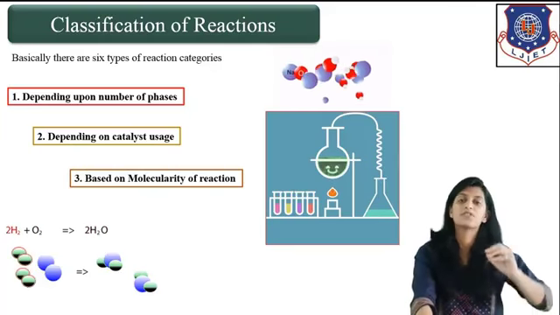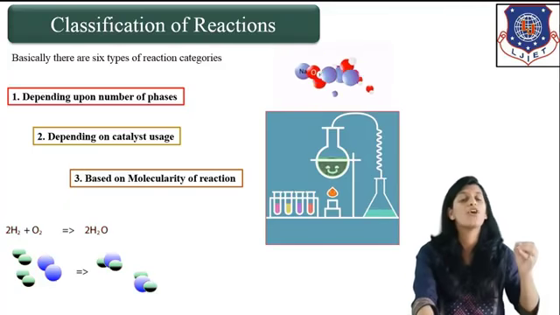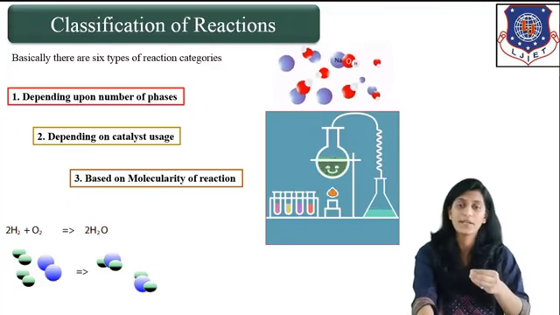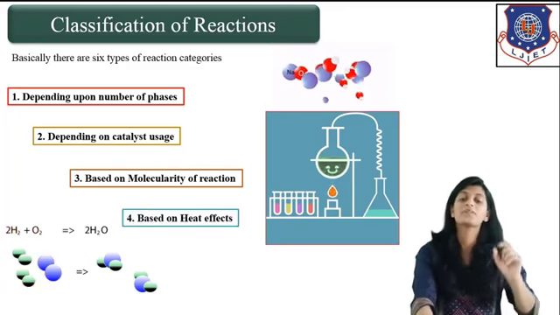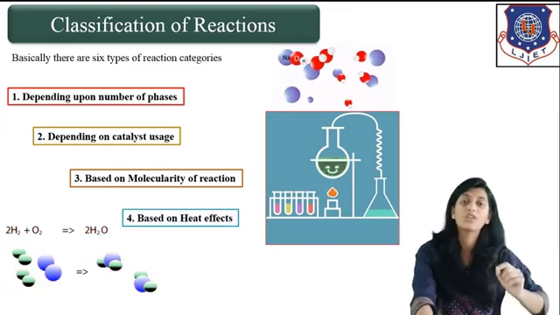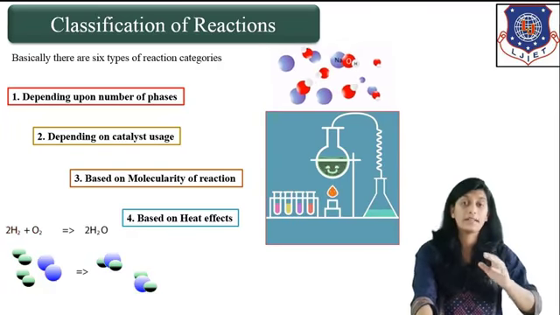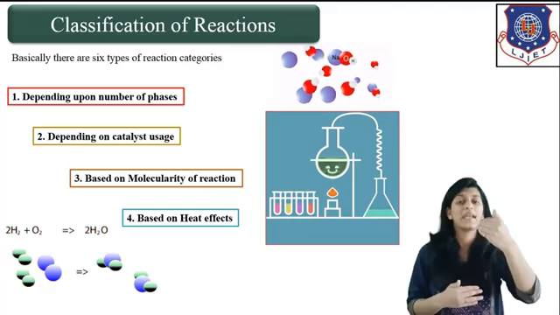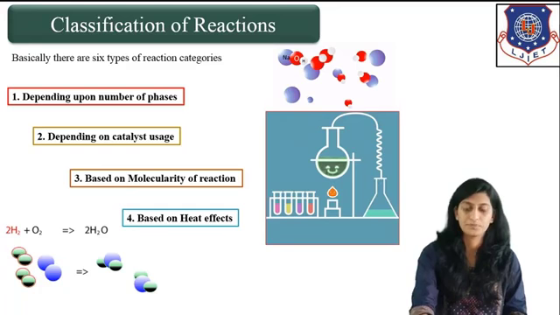Then there comes the molecularity of the reaction: how many molecules of reactant are associated with the reaction? Then comes heat effect. What will be the effect of heat on the given reaction, that is, whether the reaction is going to liberate heat or absorb heat.